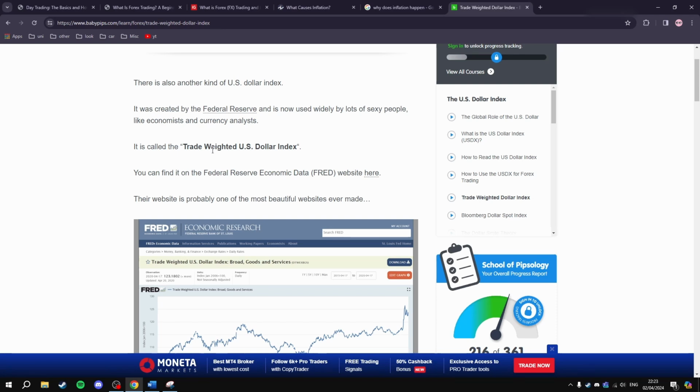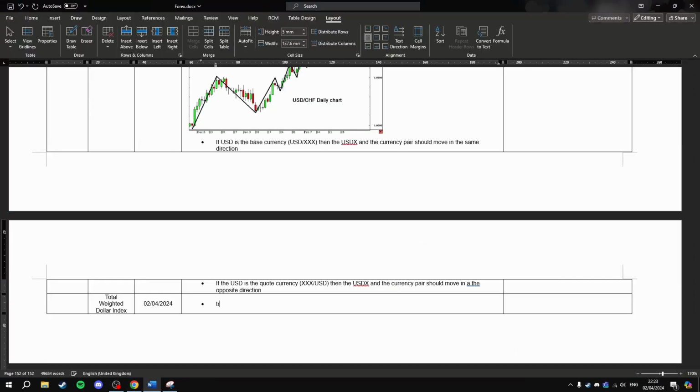This is called the trade weighted US dollar index. So the trade weighted dollar index was created by the Federal Reserve.